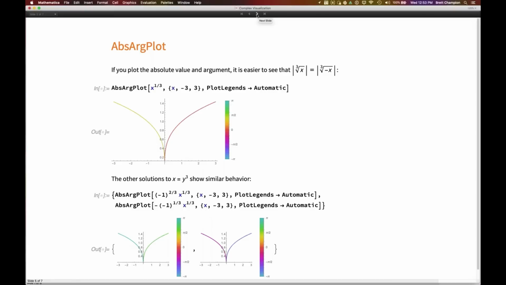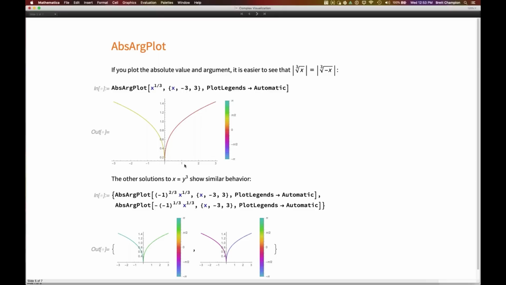Absarg plot is very similar to reim. The basic concept is the same, but instead of showing the result using the real and imaginary parts, we're looking at the polar representation with the absolute value and the argument.